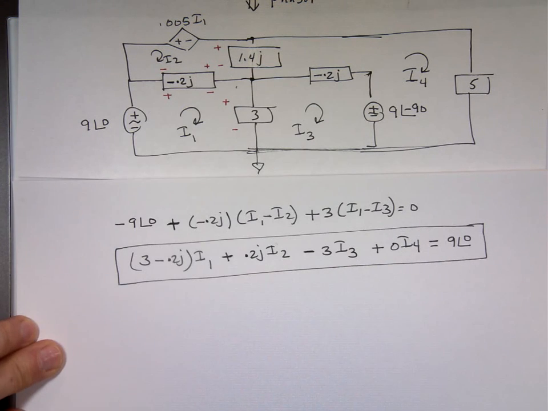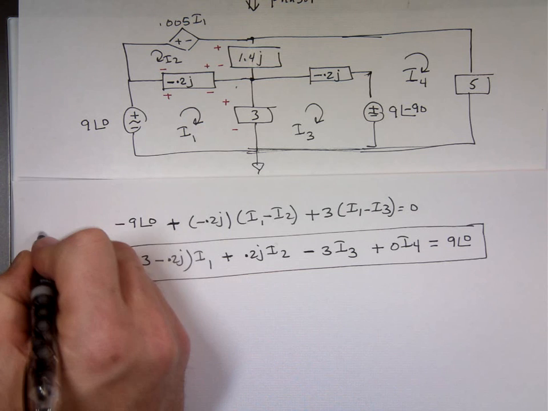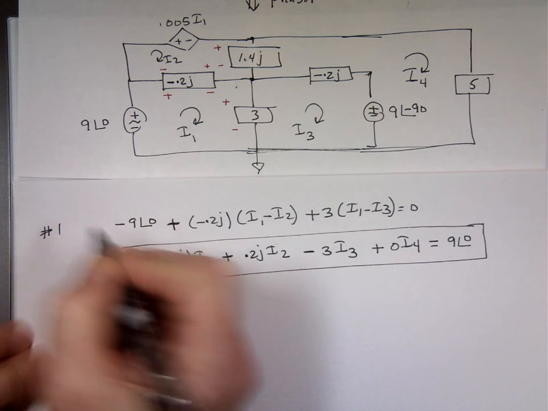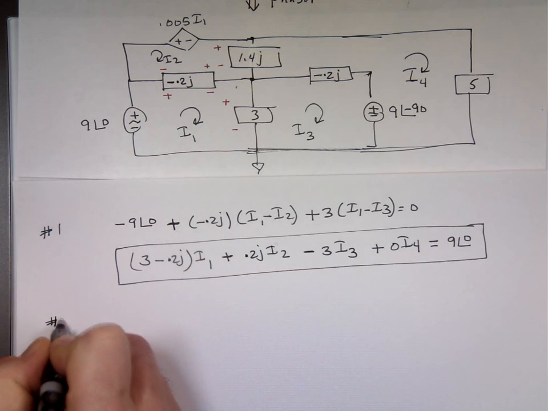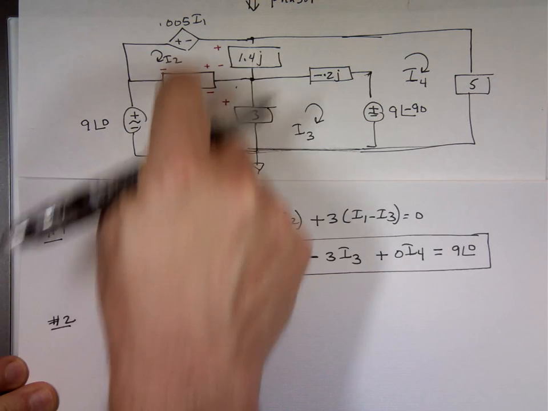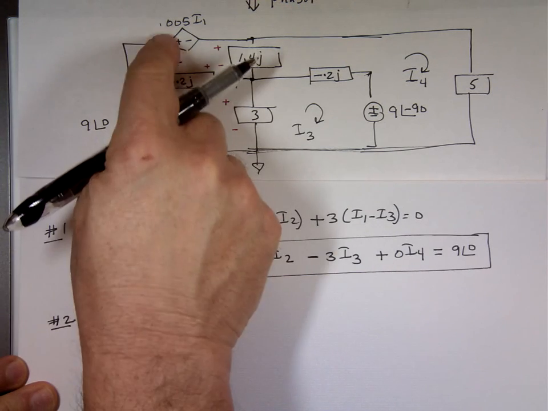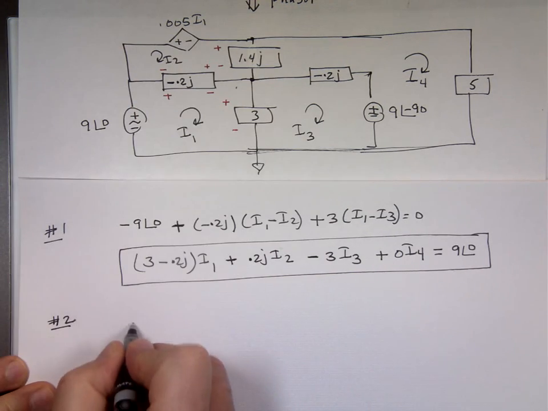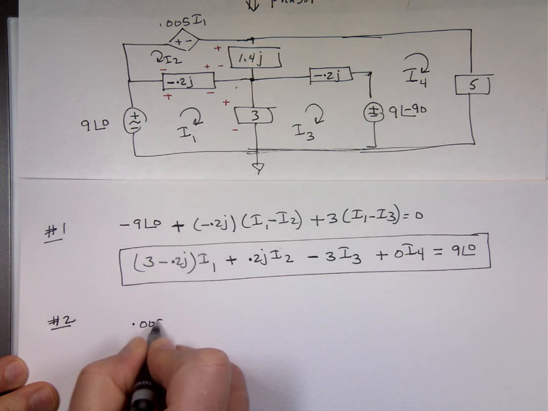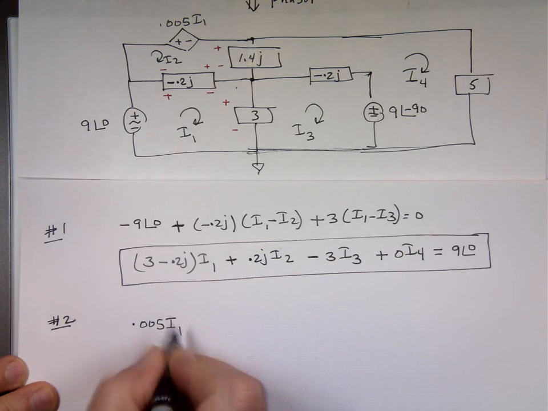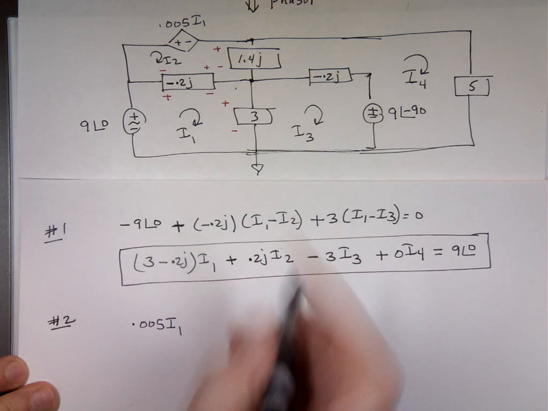So this is mesh 1. Let's look at mesh 2. Loop 2 right there. That's 0.005 I sub 1 positive. This is 1.4 plus 1.4J.